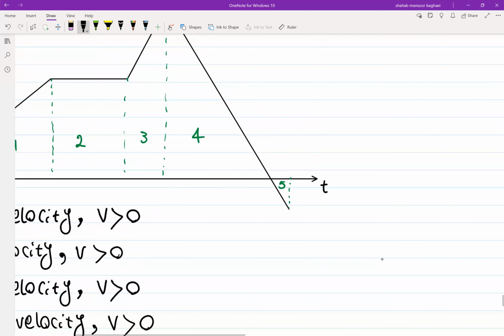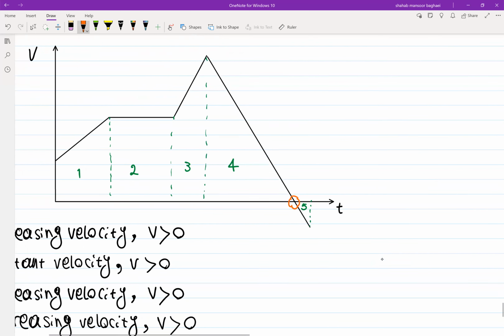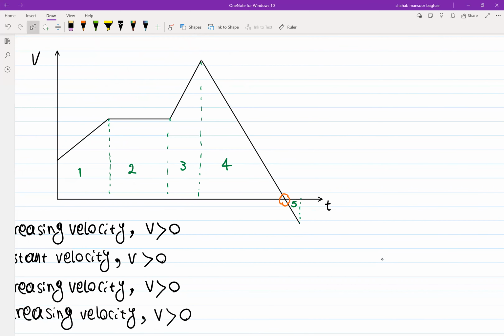Now, focus on this point here. According to the previous condition and current condition, velocity here is positive before this point. After this point, velocity is negative because it is under the origin. You know velocity is a vector.